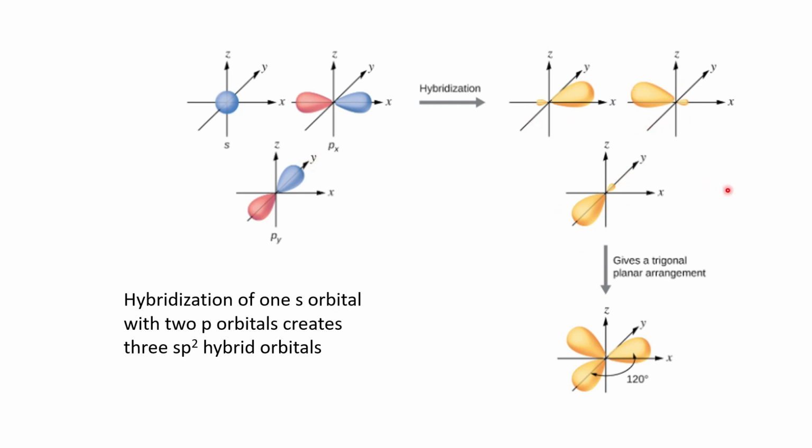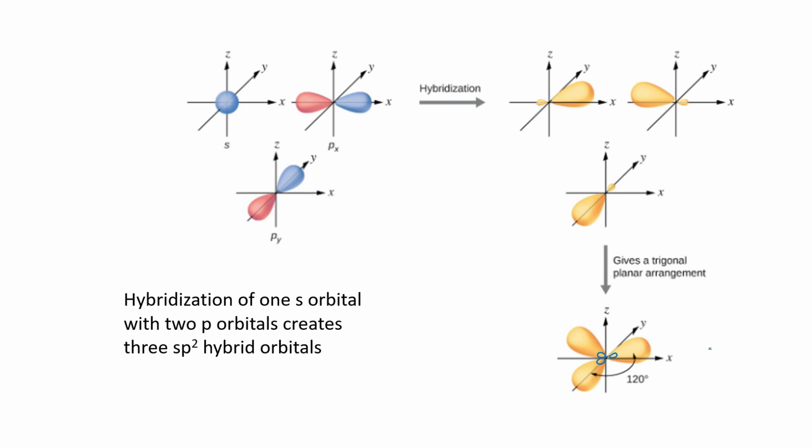Just like with the sp orbitals, we want to put these three orbitals together and see what the geometry is. When we do that, we get this geometry right here. The lobes are 120 degrees apart. This is trigonal planar. Again, the little lobes are embedded within here. They don't just disappear.